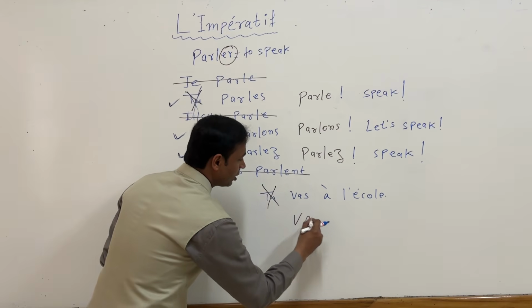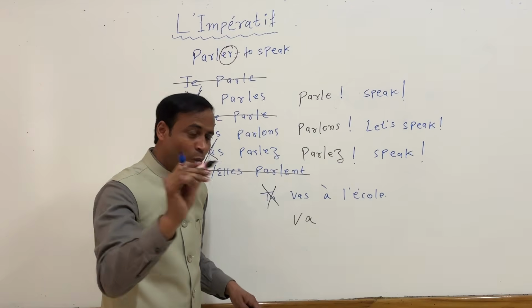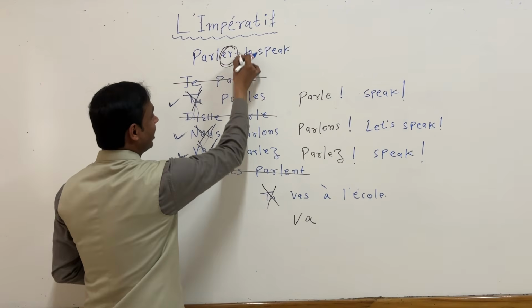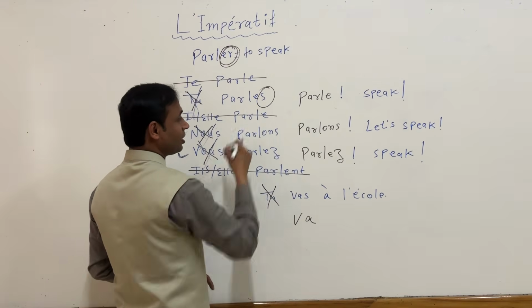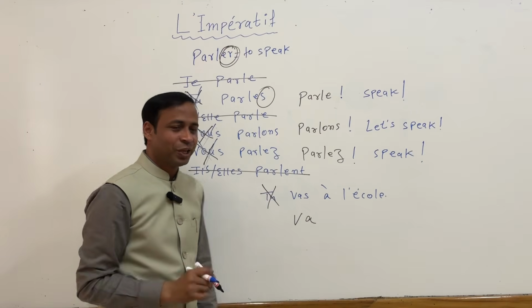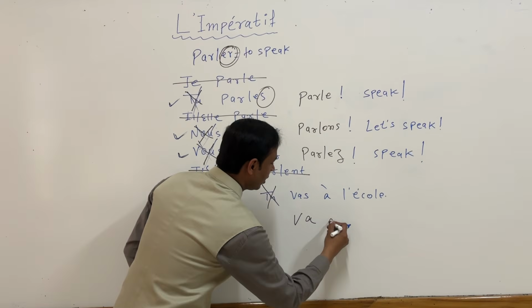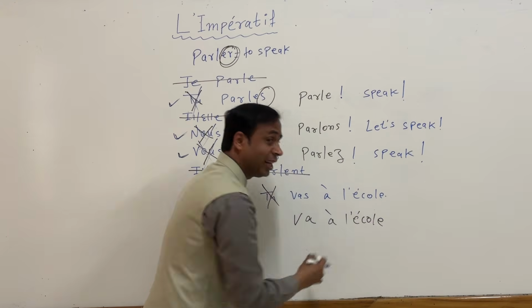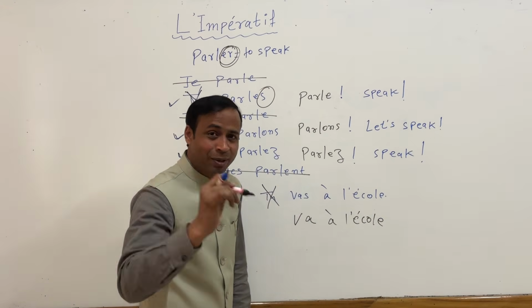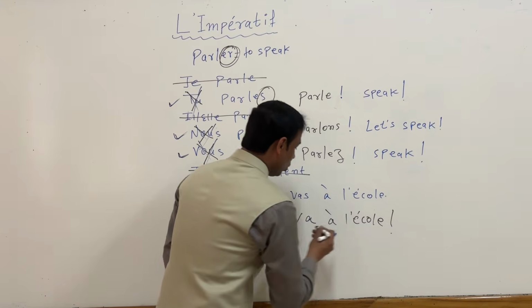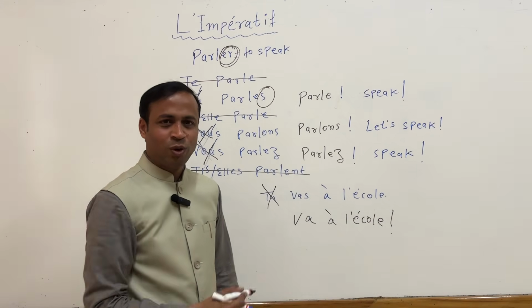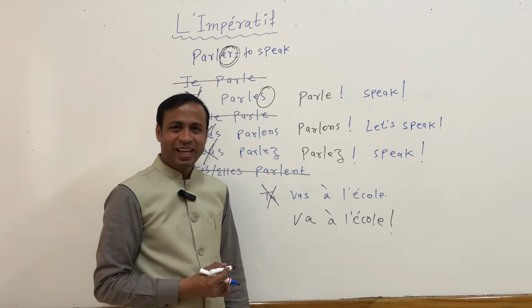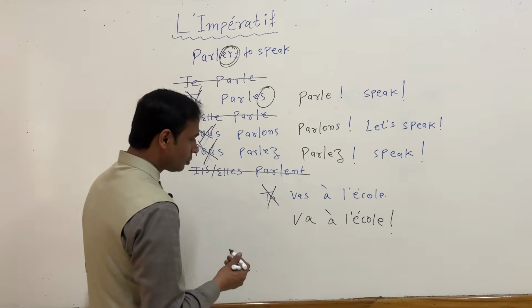You need only the verb, because in the ER category you don't have to give the S in imperative. So: Va à l'école, and then add an exclamation mark. Va à l'école, go to school, okay, nice.